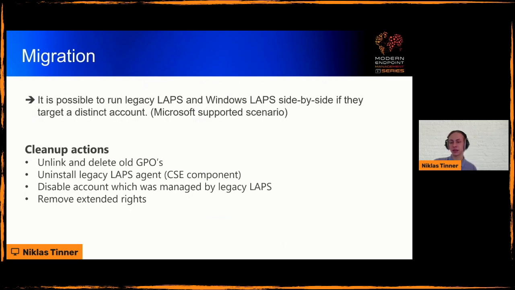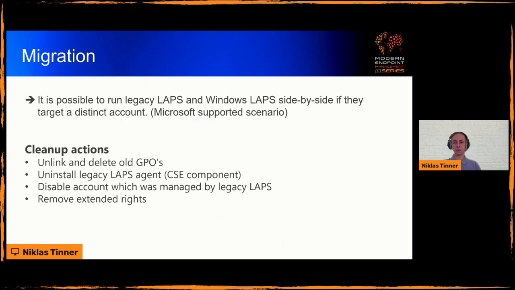Please don't forget about the cleanup actions. So once the migration is complete, you say you're not using legacy labs anymore and have Windows labs fully implemented, you can theoretically unlink and delete the old GPOs because these are not needed anymore for legacy labs. And also the old client-side extension, the Windows Labs agent, which was installed before, you can set that to uninstall.